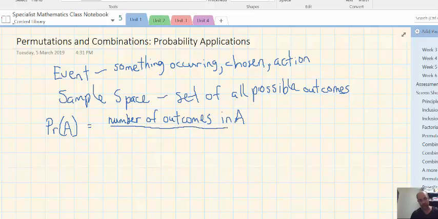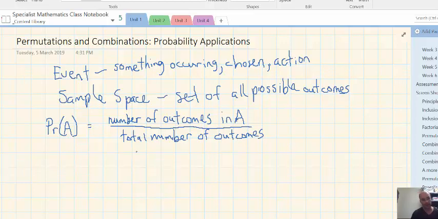So the number of elements associated with A, or the number of ways that event A can occur, over the total number of outcomes. So they are things you should know already.